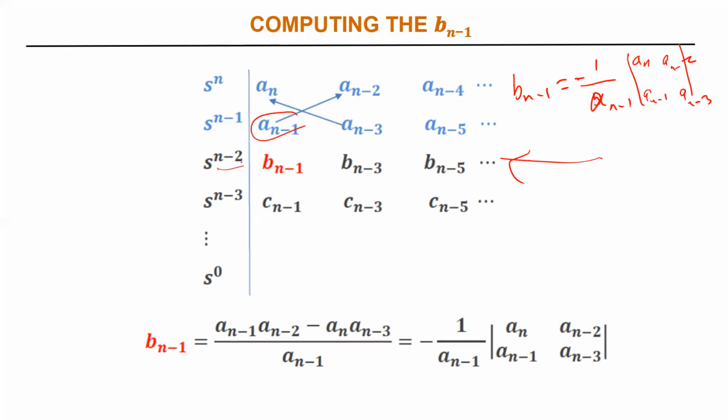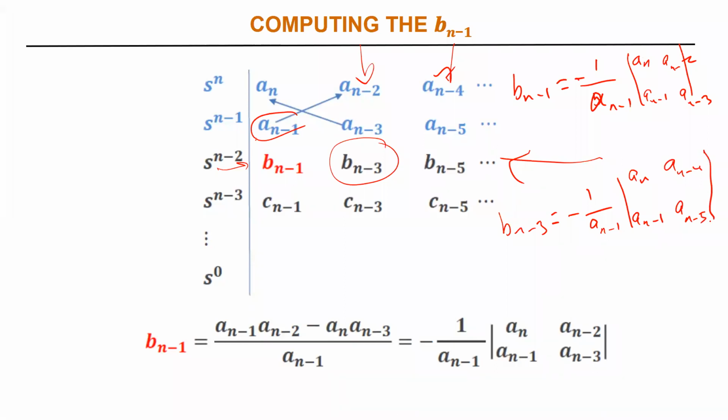Then, once I am done with this one, let me get b_(n-3). b_(n-3) is equal to, again, minus 1 over the same first element, a_(n-1), and the determinant: I keep the same column, and I skip this column and go to the next one, so it's going to be a_(n-4) and a_(n-5). And I will continue.